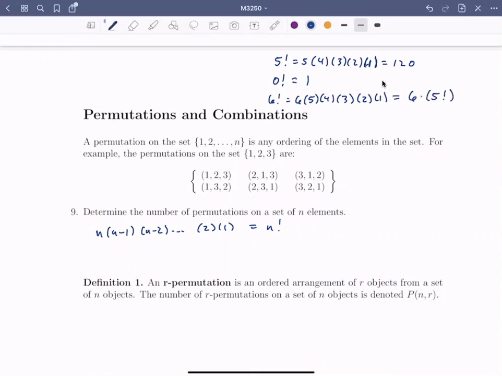You can take the 6, ignore it for a second, and what you're left with is 5 factorial. Put it back, and you end up with 6 factorial is 6 times 5 factorial. That observation will be very helpful as we go forward. So there are n factorial permutations on a set of n elements.